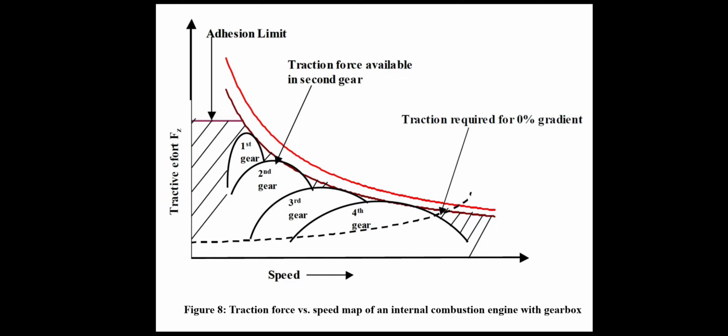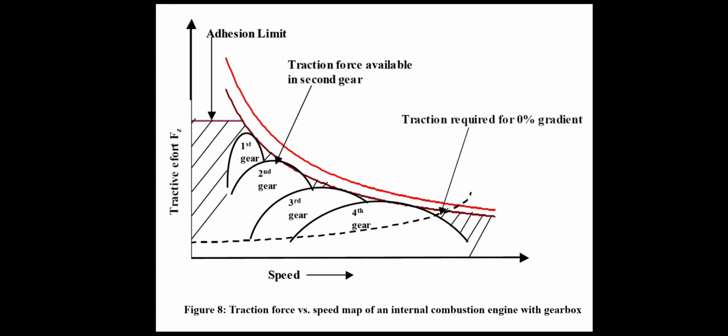So this figure 8 shows the traction force versus speed map of an internal combustion engine with gearbox. The proportion of the shaded area, that is the impossible driven state, is significantly smaller when an output converter is used.